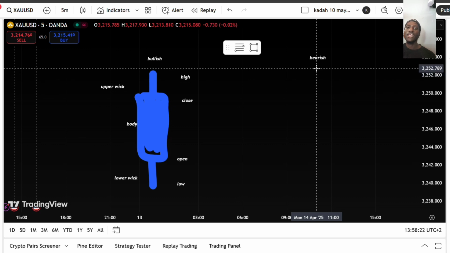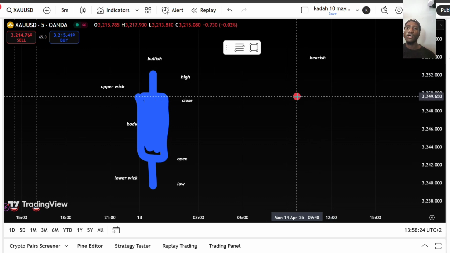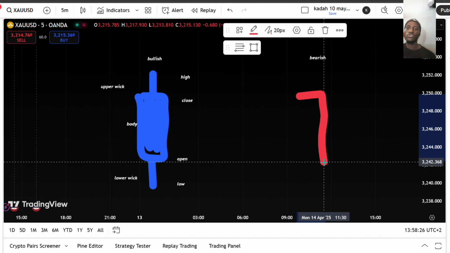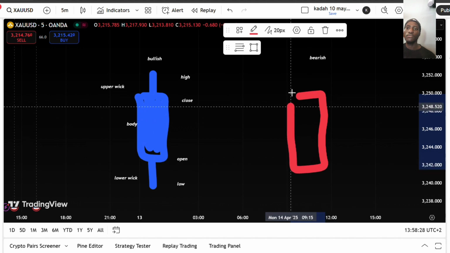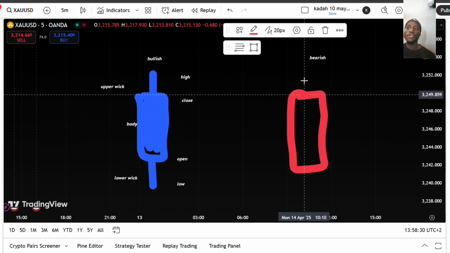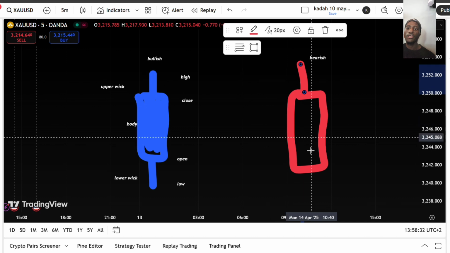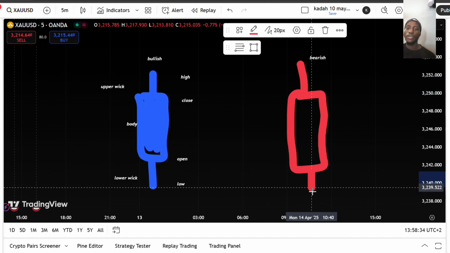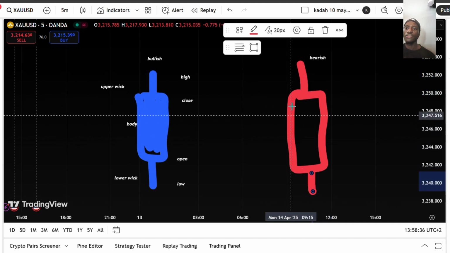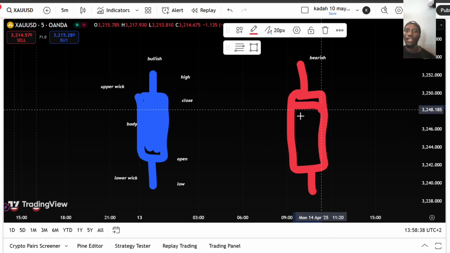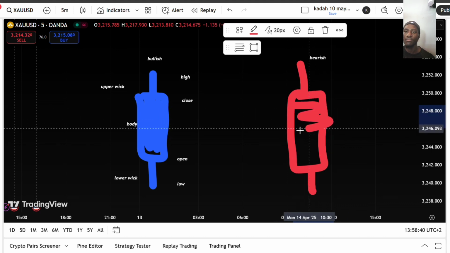This is the anatomy of a bearish candle. It starts with the body. Let me draw the body. Then there is the upper wick and the lower wick. By the way, this is the basic anatomy of a candle. Let me color the candle.